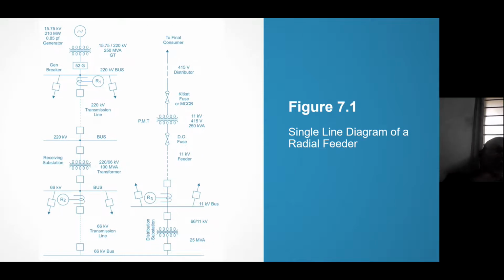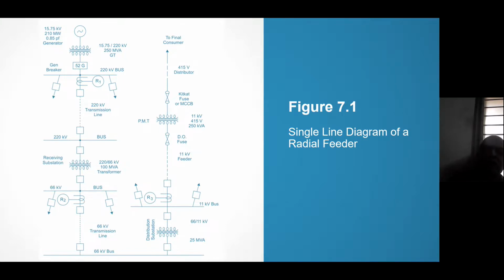The generation voltage is 6.6 kV, 11 kV, 13.8 kV, 15.75 kV, 22 kV also, right? But I am taking one typical voltage, 15.75 kV, 210 megawatt. One unit generating 210 megawatt. One unit can generate 120 megawatt also, can generate 500 megawatt also, and can generate 660 megawatt also. I am taking 210 megawatt.